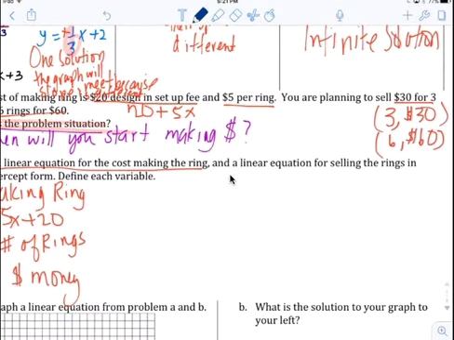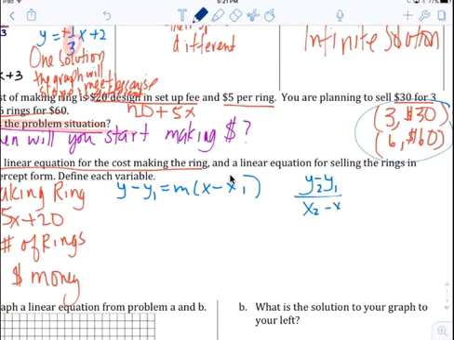Write an equation for selling the ring: first do y minus y1 equals m parentheses x minus x1. Rate of change, y2 minus y1 over x2 minus x1.